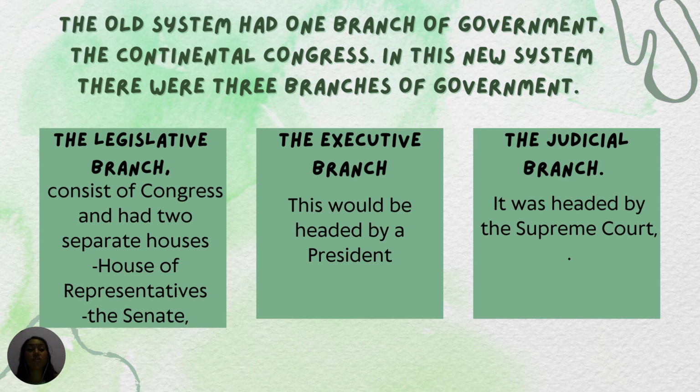The legislative branch consists of Congress, with two separate houses, the House of Representatives and the Senate. The executive branch would be headed by a president, and the judicial branch was headed by the Supreme Court.